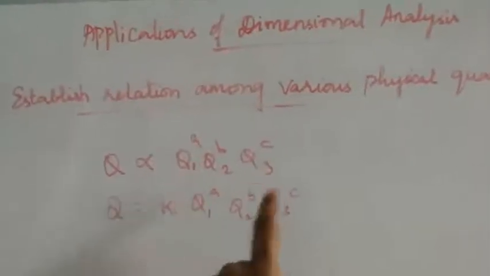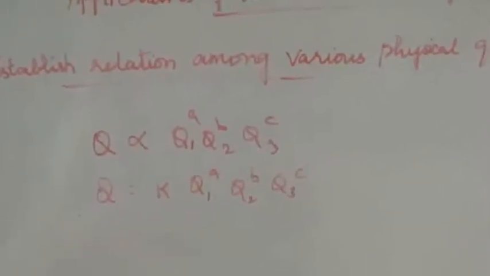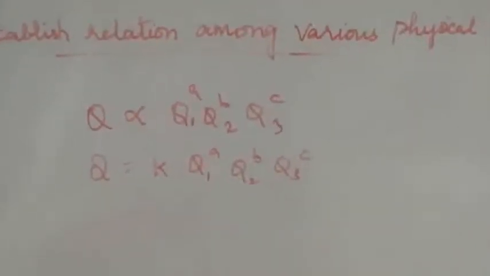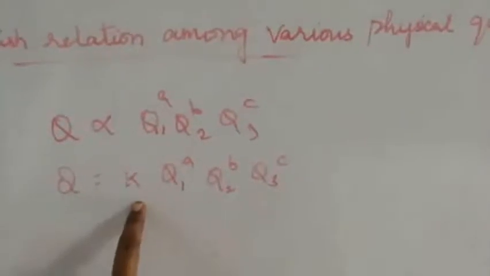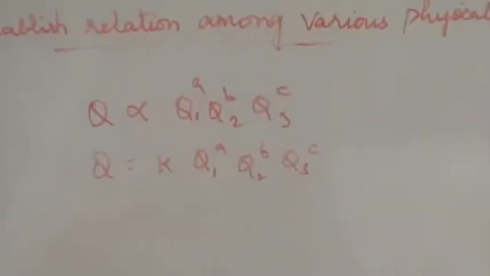It may be a combination of quantities also. How it is related is, one quantity is directly proportional to another quantity. So when you remove this proportionality, you have to give one proportionality constant k. So this constant k would be a dimensionless constant.